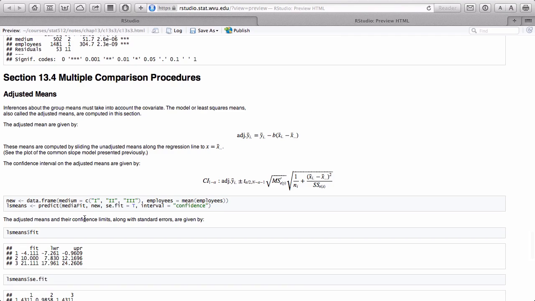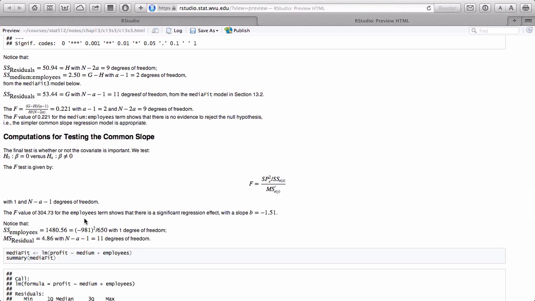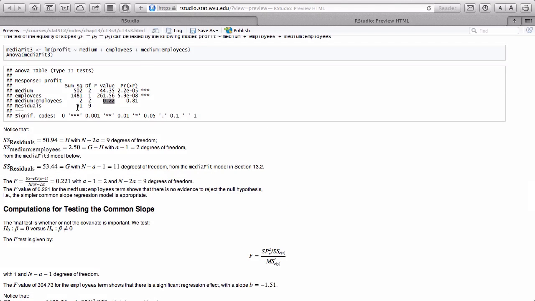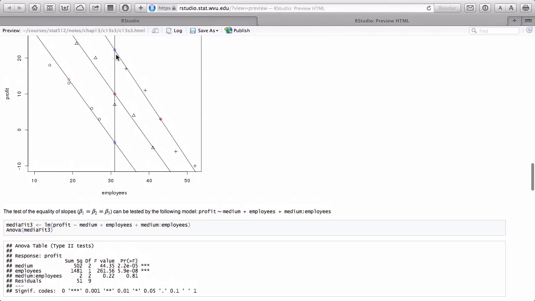Now, I showed you they can be quite different. In the one-way analysis of variance, the model means and the sample means are the same, even if the sample sizes are different. But that's almost never the case other than that simple case. So if you look, for example, here, these red points here, here, and here are the sample means, whereas the model means are here, here, and here.